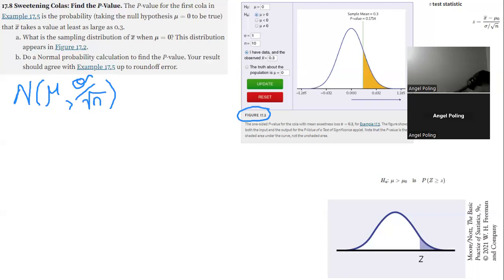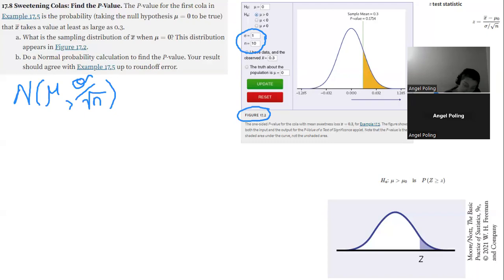We were told that mu was 0. And in the figure, we can see what sigma and n are. Sigma is 1, n is 10.